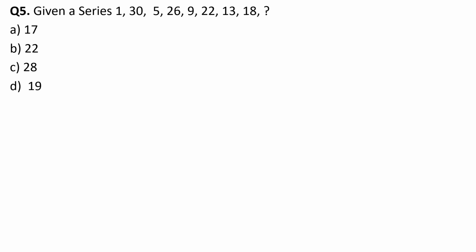For example, take 1 and 5. 1 plus 4 is 5. Again 5 plus 4 is 9. So 9 plus 4 is 13. So as per this rule, 13 plus 4 will be 17. So the missing number is 17.